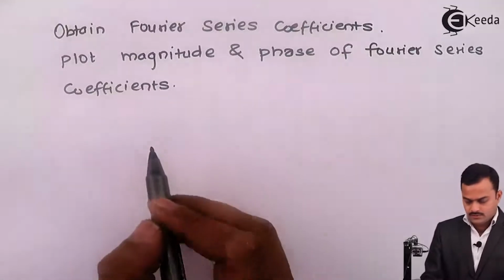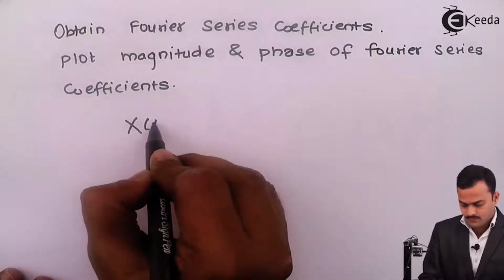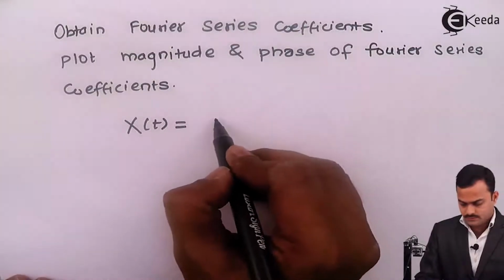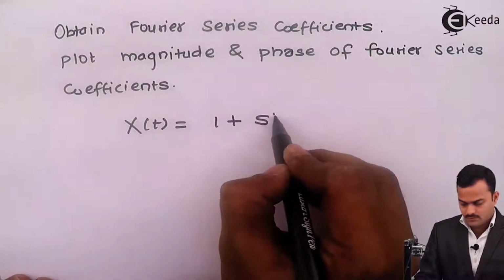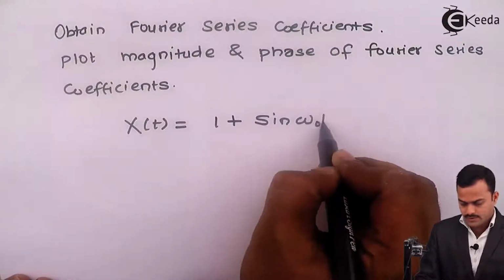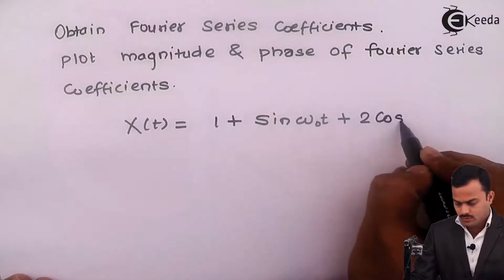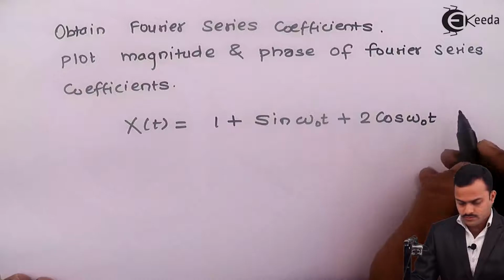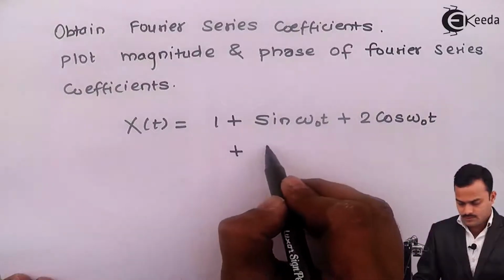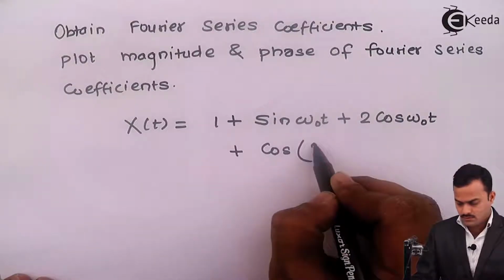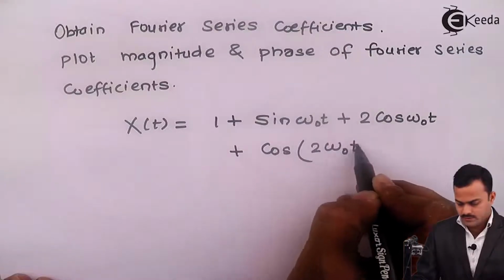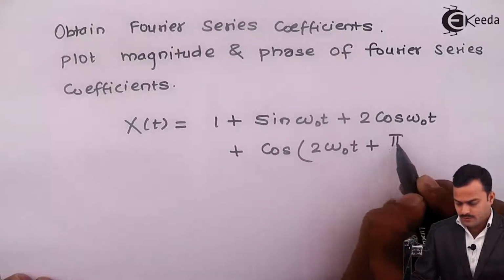The equation given is like this: x of t equals 1 plus sine omega 0 t plus 2 cos omega 0 t plus cos (2 omega 0 t plus pi by 4).